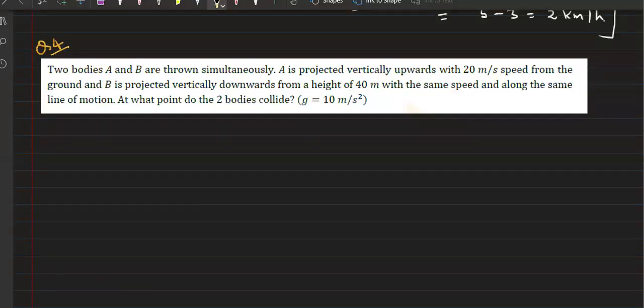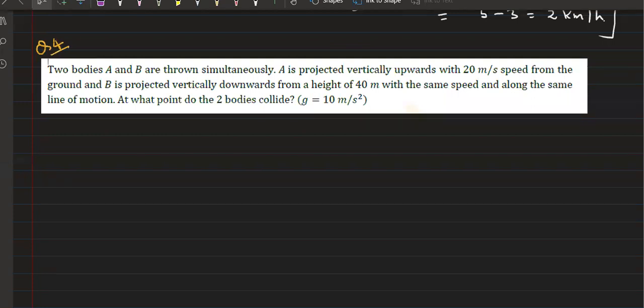Yes, very good. Now, this is not the final velocity, it is relative velocity. Got it? The relative velocity of A and B is 0. Yes or no?